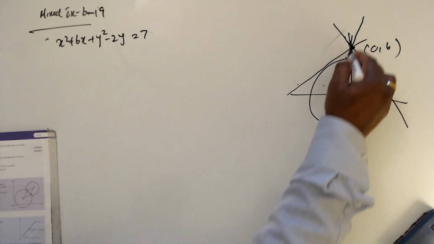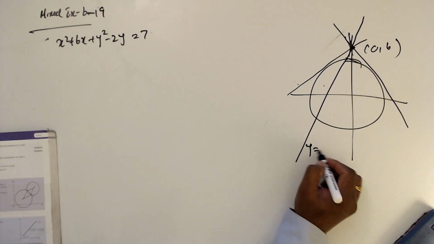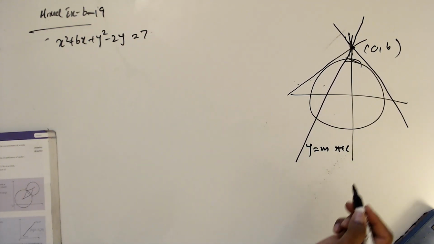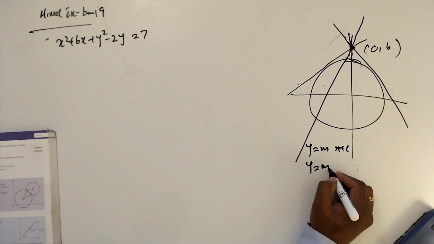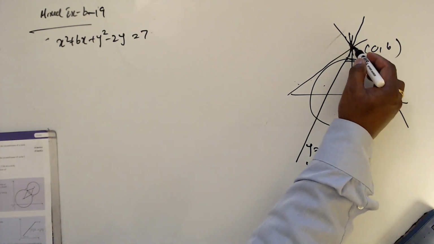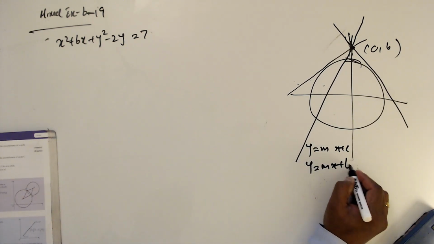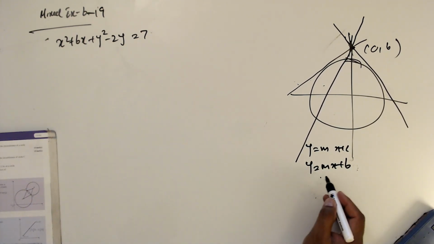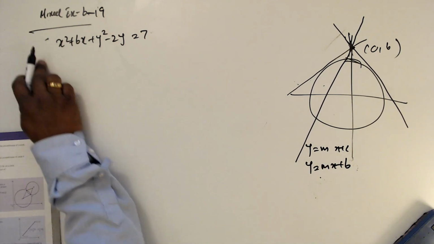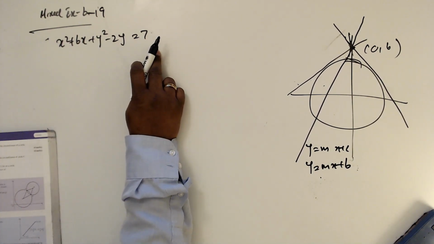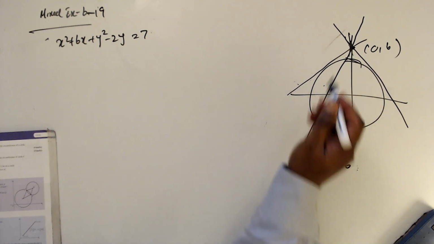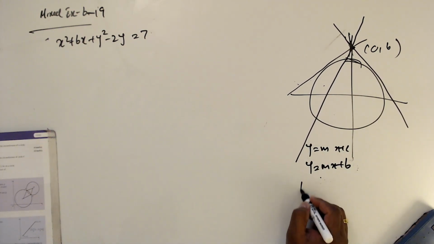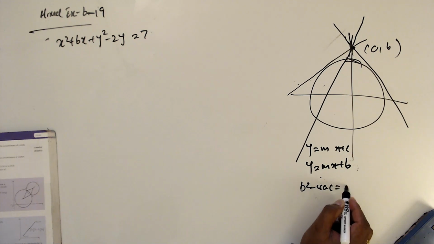So we'll consider any y equals mx plus c going through (0, 6), so the y-intercept is 6. And then we'll solve this equation and this one, and we'll apply the condition to become a tangent, which is b squared minus 4ac equals 0.